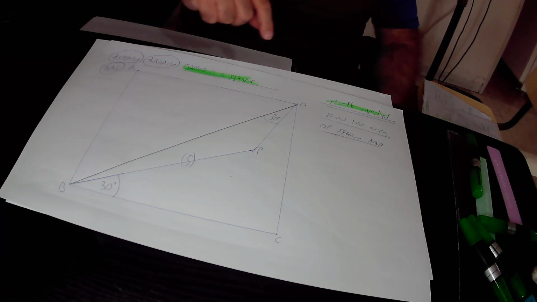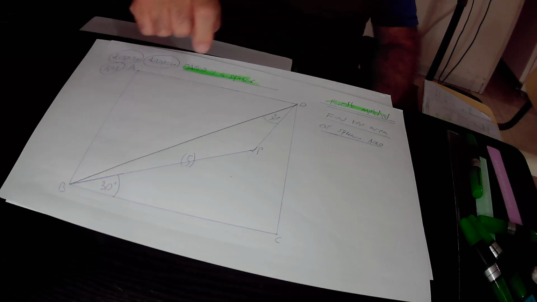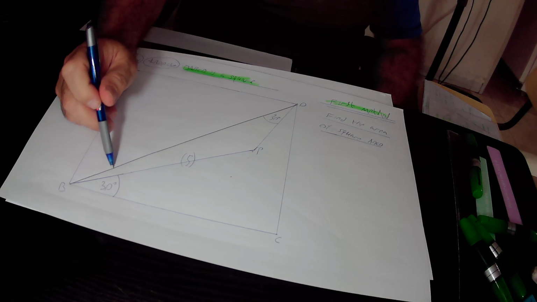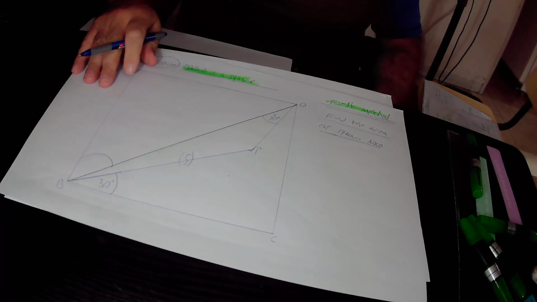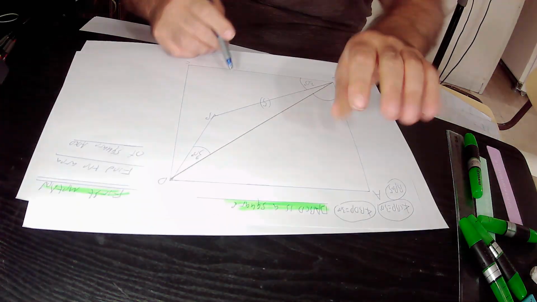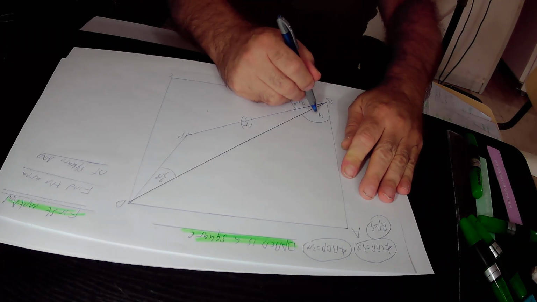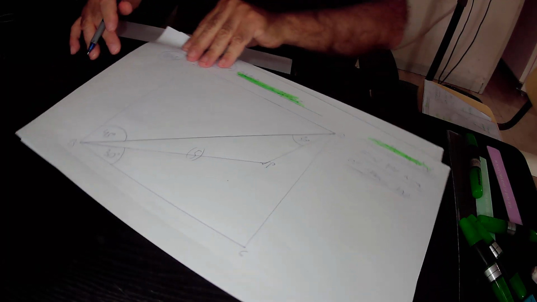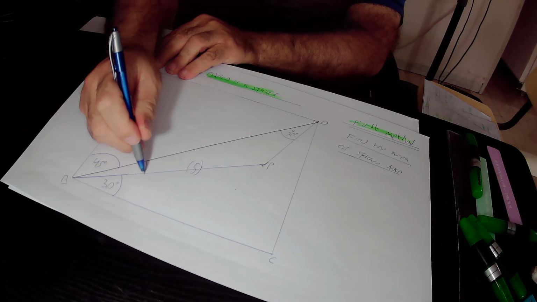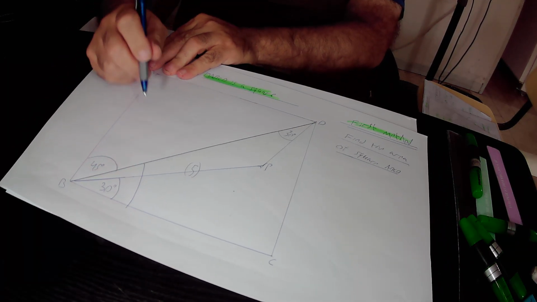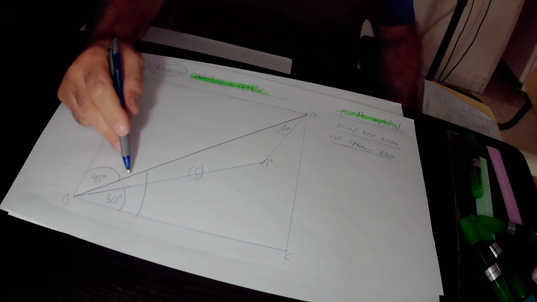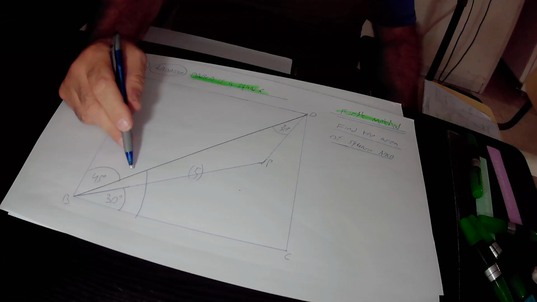Diagonal DB of square ABCD bisects angle ABC. This is the first half, which is 45 degrees. This is the second half, which is also equal to 45 degrees in size. But this angle equals 30 degrees, therefore this angle must be equal to 15 degrees in size.